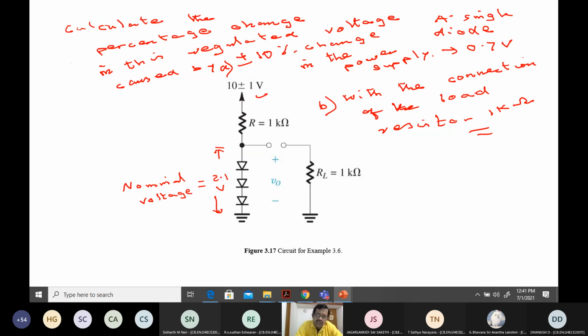We will do the small signal analysis by short circuiting the DC source and replacing the diode with the small signal or incremental resistance, and analyze the circuit for the variation. That will give the answer for the first question. For the second question, I will explain at that time. So let us go one step at a time.